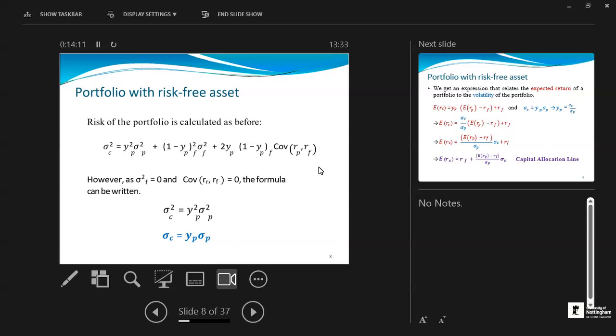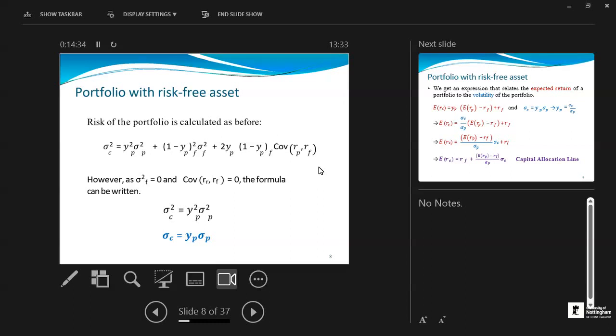We are left with this first term, the weight in the risky portfolio, squared, times the variance of the risky portfolio. The second term becomes zero. Why?